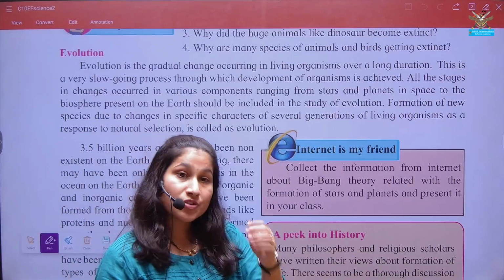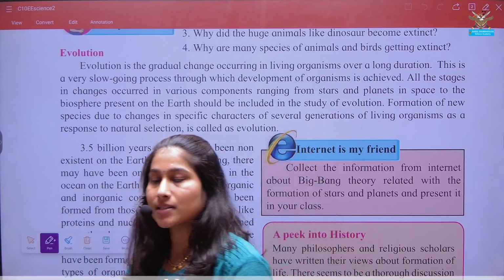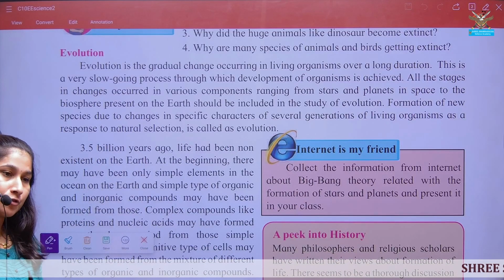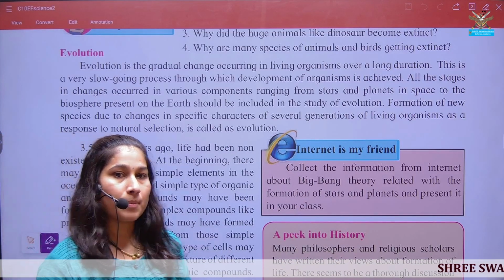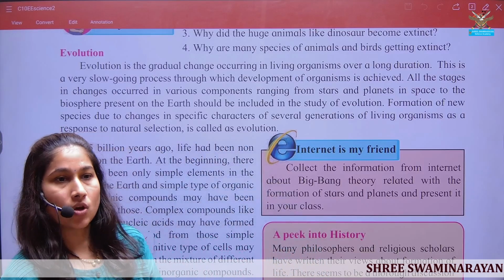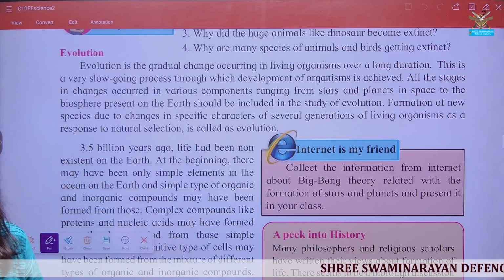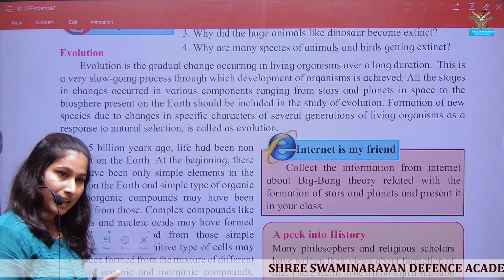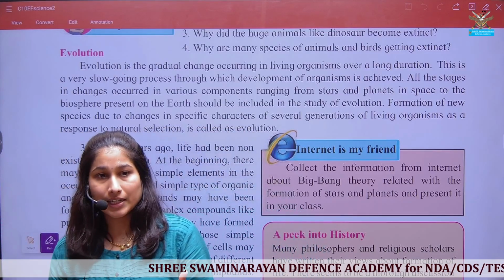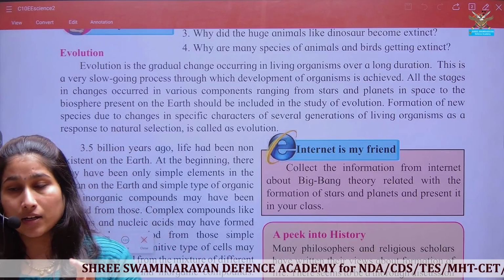Evolution is a process in which organisms undergo gradual change by different environmental factors or by nature itself. Slowly these organisms adapt new characters, adapt to new habitats, and because of that there is a change in their individual genes also.